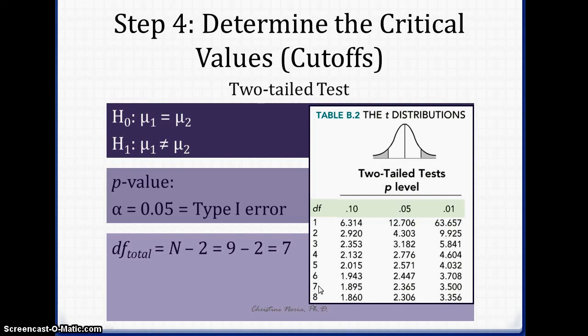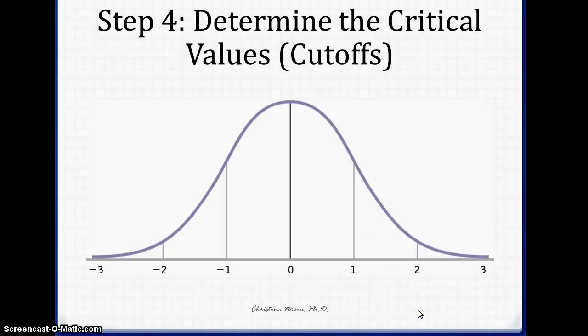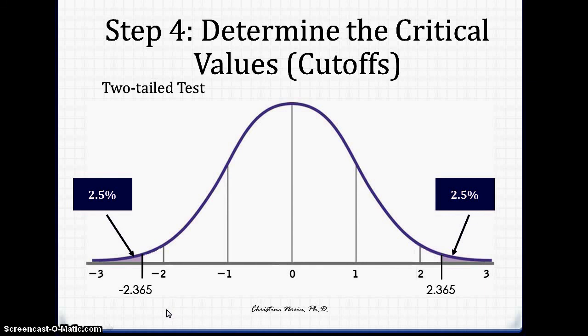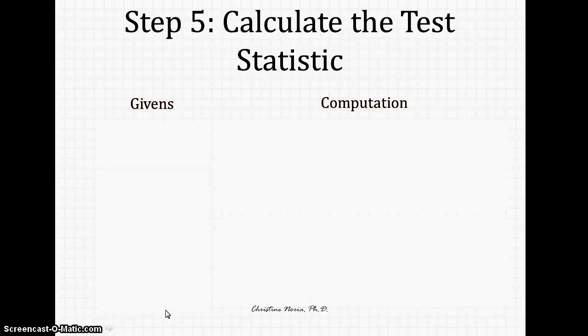And with 7 degrees of freedom, you'll see that our critical value is 2.365. So we can add those to our distribution, and we've cut off 2.5% in each tail. If our calculated t is more extreme than these 2 values, then we can reject the null hypothesis.